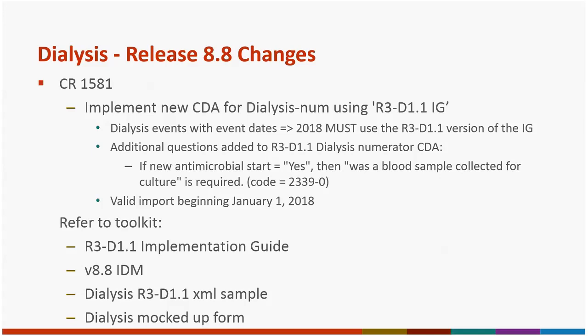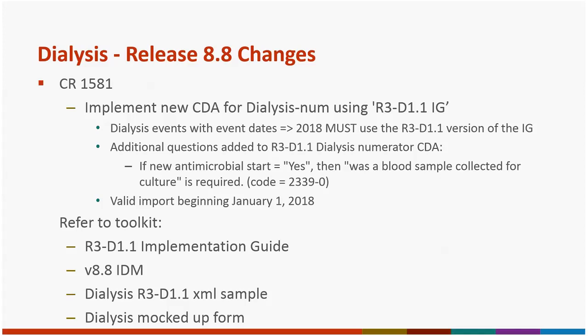So this is going to be for our 8.8 changes release that we have coming out at the end of the year. The first one is CR 1581. We're going to be implementing the new CDA dialysis numerator, and we're using the R3D11 IG. Currently for 2017, we are on the R3D1 data.